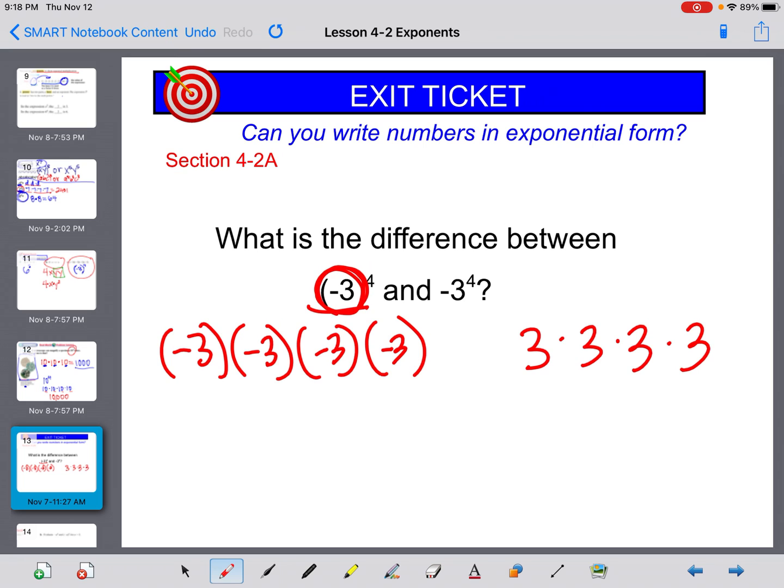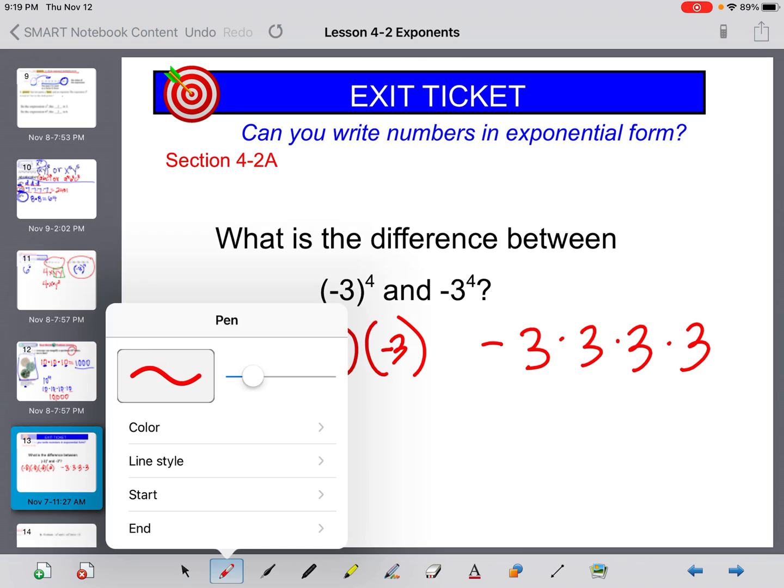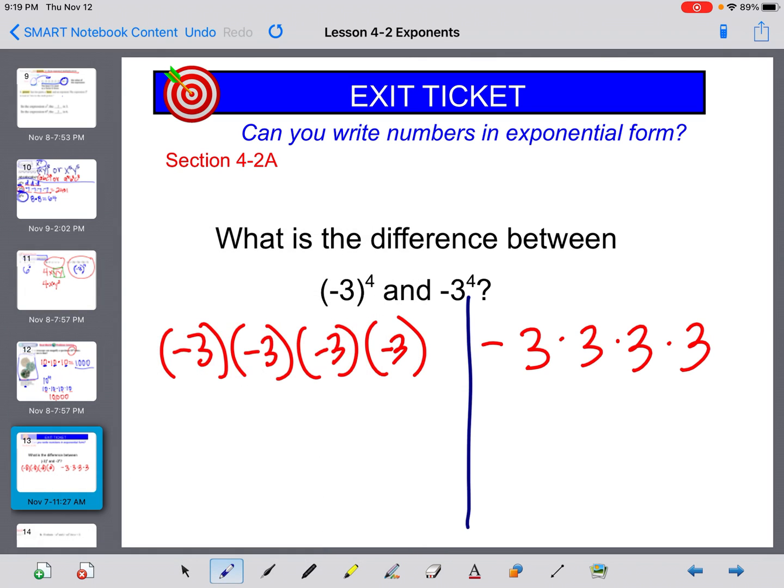Here, 4 is attached to the 3 and the negative with the parentheses. This one, 4 is just attached to the 3 and there's a negative in front. So 2 things, expand it out, and now you should be finding the value. Pause and go.